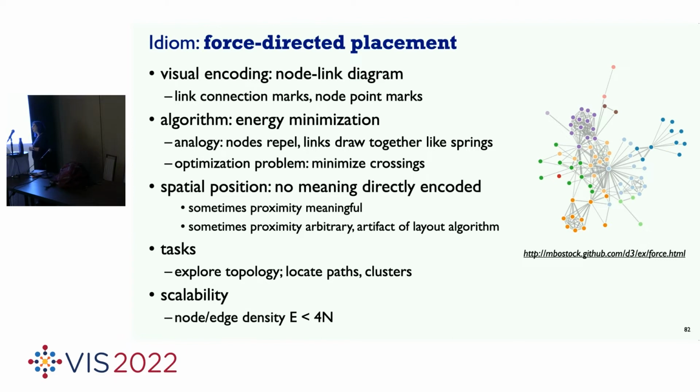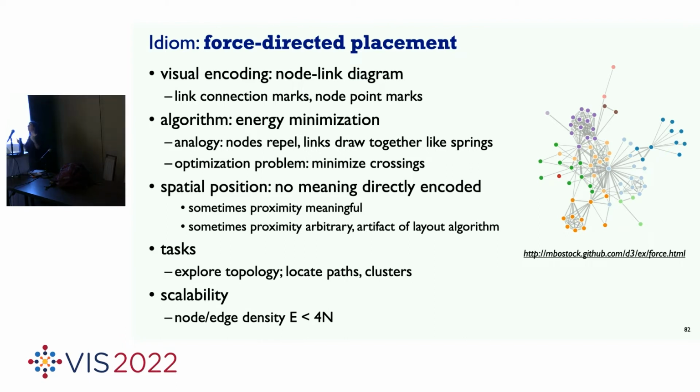So a very common idiom for looking at node link graphs is force-directed placement. So what's going on with that? Well, in this case, our visual encoding is that we're showing a node link graph with a node link diagram, maybe not very surprising. So, you know, the nodes are points, we've got connection marks, which are those links. It's very literal.